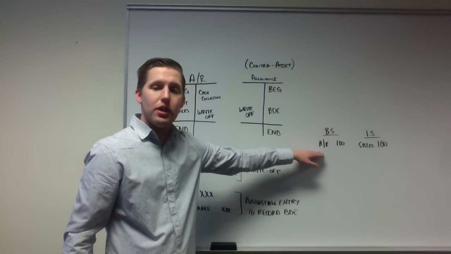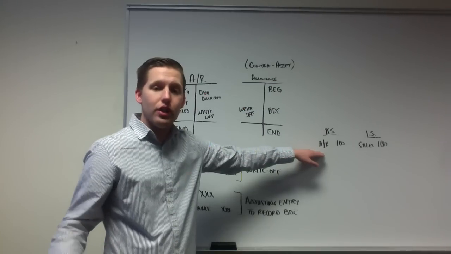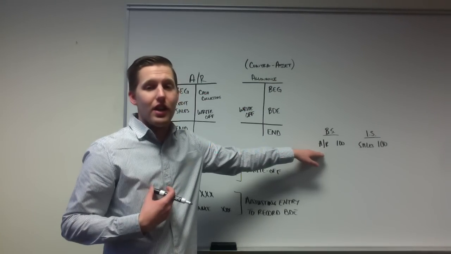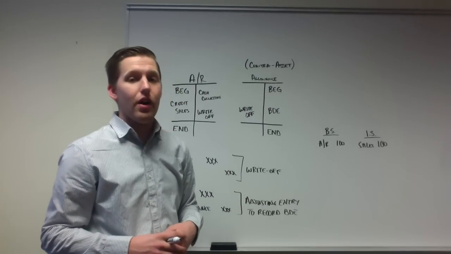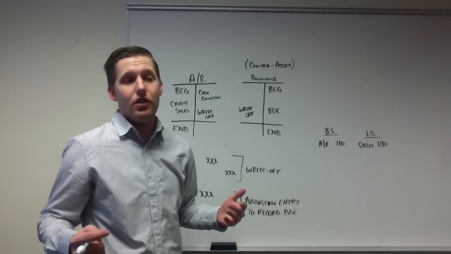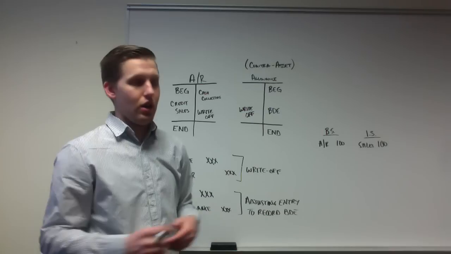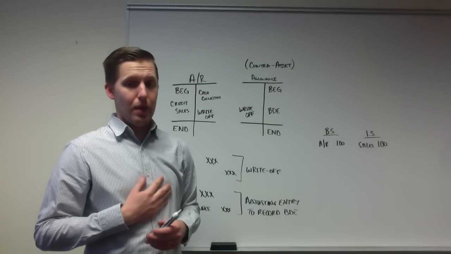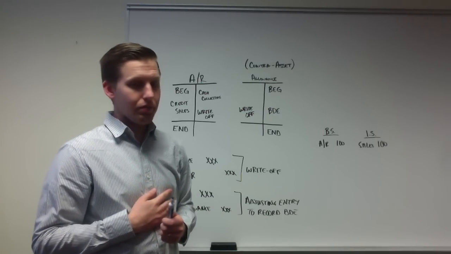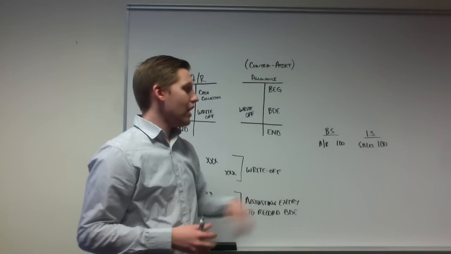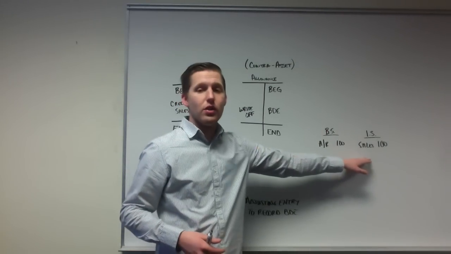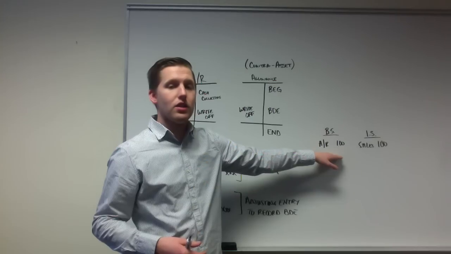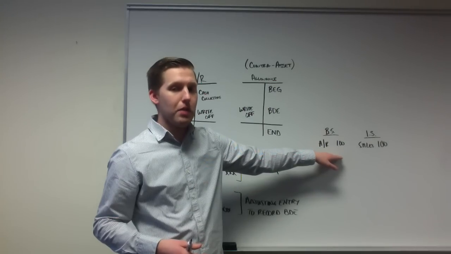Because in my experience, generally, I don't collect everything that I sell. There are some customers that are bad, that just don't ever pay. So what I want to try to do is update my financial statements to reflect that even though I've made $100 of sales on account, some of those customers aren't going to pay me.